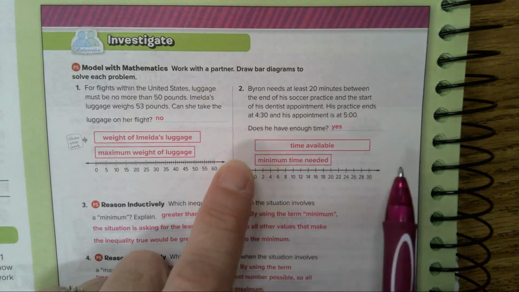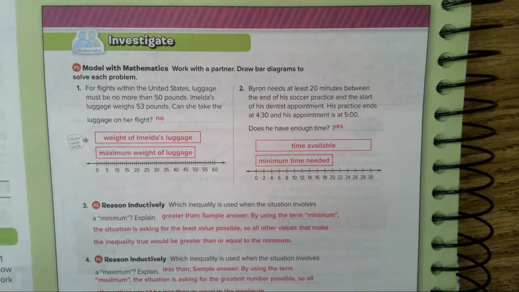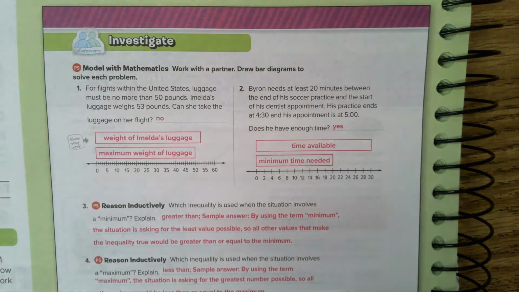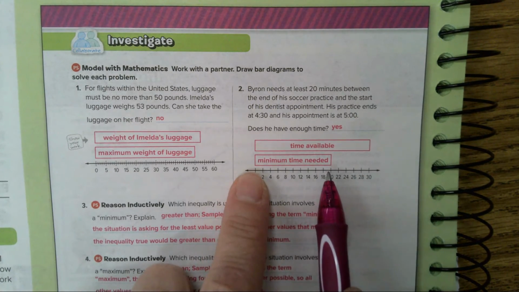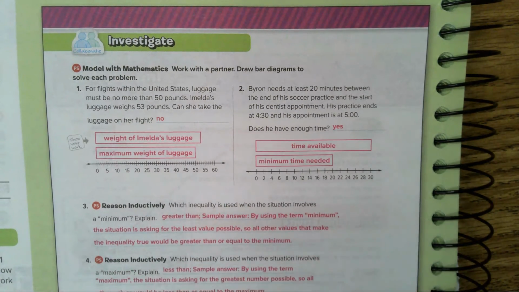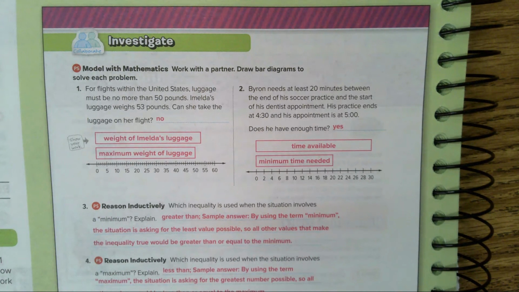Time available, 30. That's what your graph should look like in number 2. Time needed, 20. Time available, 30. It's good to practice using the types of words they want, because I've noticed sometimes you know what to do, but you don't know what to write down.